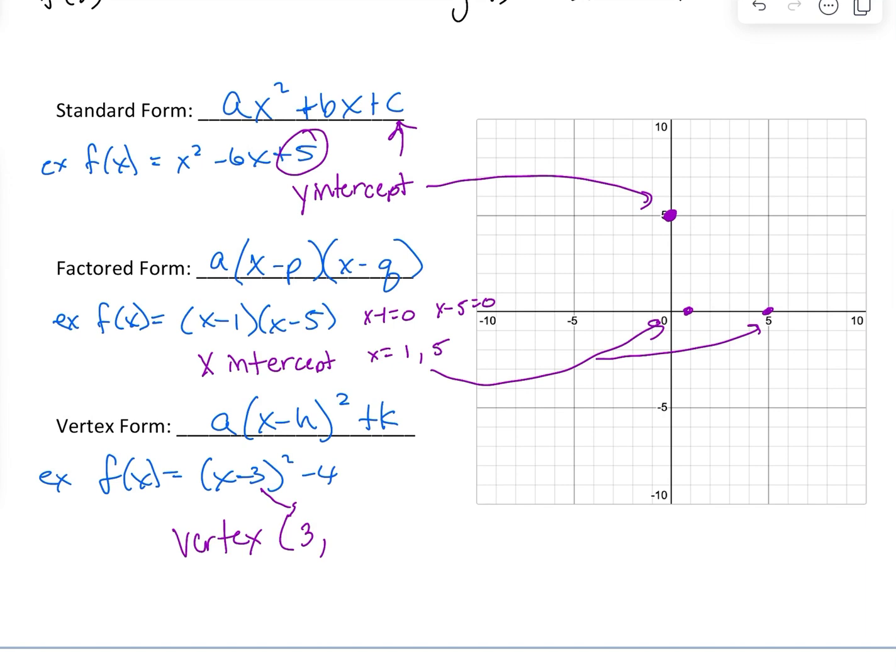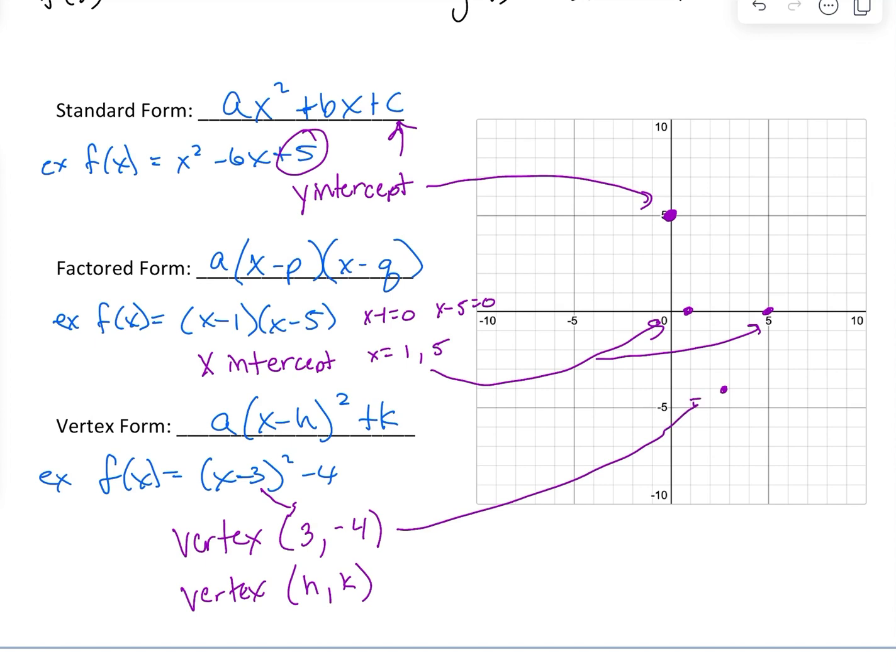Okay. And we could always test it by putting 3 into any of these functions and seeing our outcome. But what's going to end up happening is in this vertex form, we get a 0 in those parentheses. And so we're left with the negative 4 as our outcome. So our vertex is really that (h, k). And that's why we see that opposite sign by h, where it says x minus h.